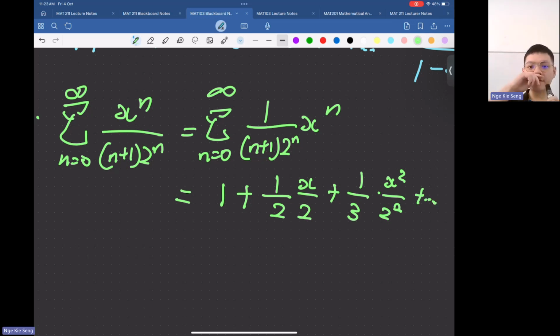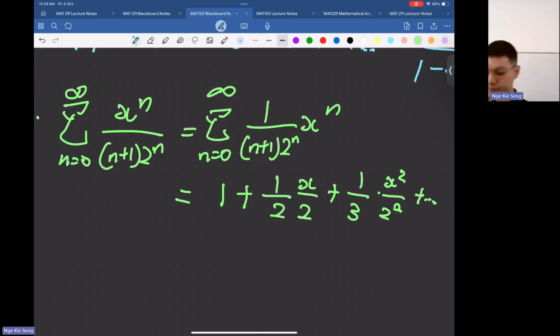So can you see whether this converges or not? Not sure. So what kind of test can we try here? Ratio test. Okay, we can try the ratio test. What's the indication that you can do the ratio test? You can see that these terms are defined by n.